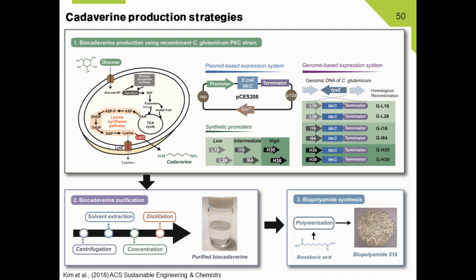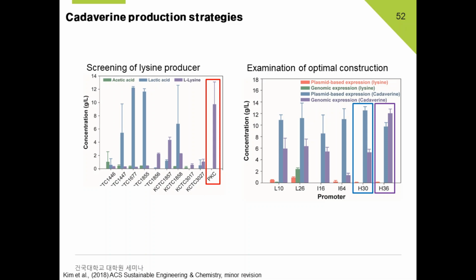Now, we firstly screened the best lysine-producing strain that we have to choose the best host strain. We chose PKC because it produced a lot of lysine. And then we compared plasmid-based and genomic-based expression of LDC.